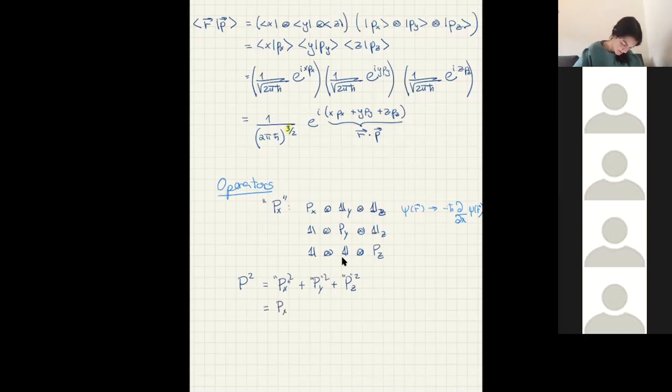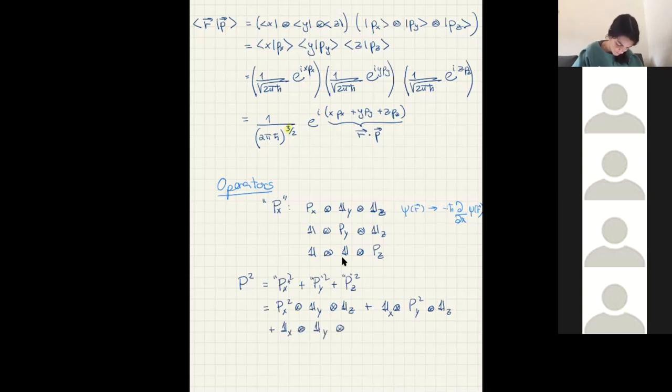So it's px squared tensor identity on y, tensor identity on z, plus py squared, and so on. And it's good to at least once write down all the tensor products so we keep track of what we're talking about.